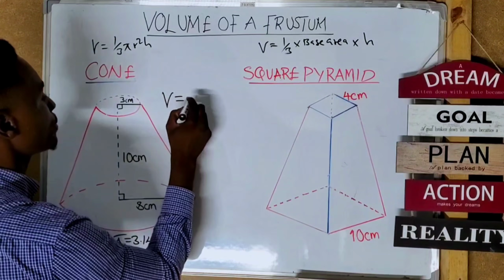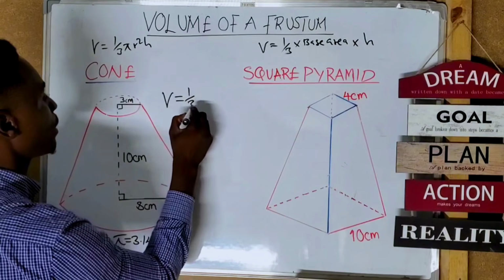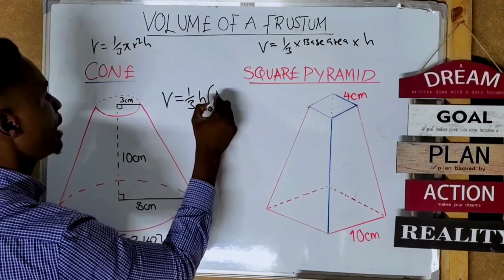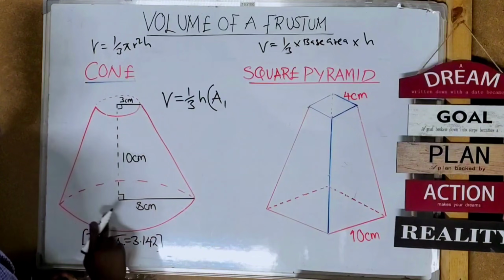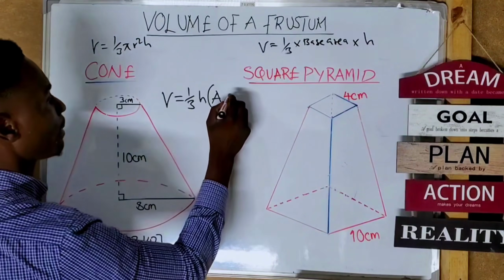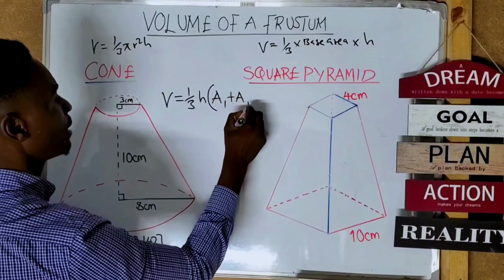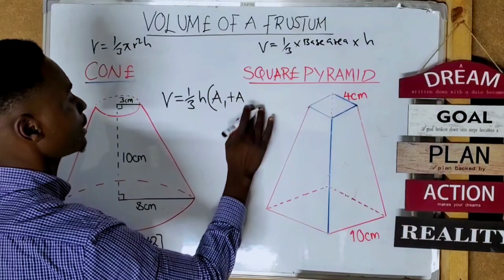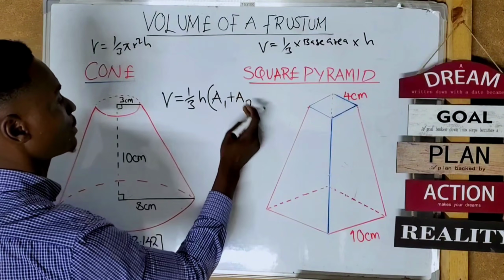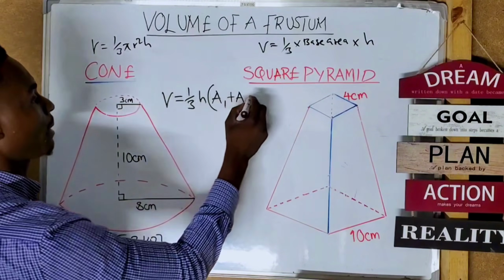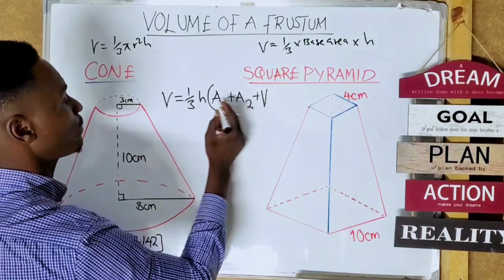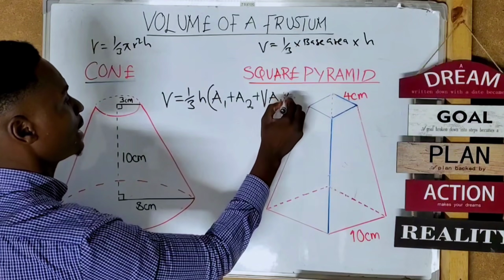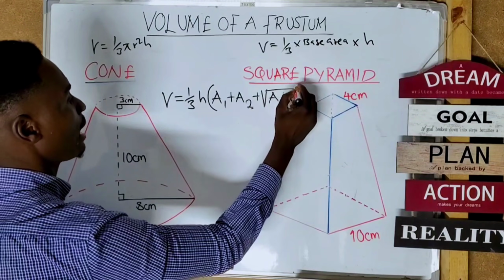Volume is equal to 1/3 times height, open bracket, area of the lower base plus area of the upper base, which is the top base here, so here we just write area A2, plus the square root of the area of the lower base multiplied by the area of the upper base.